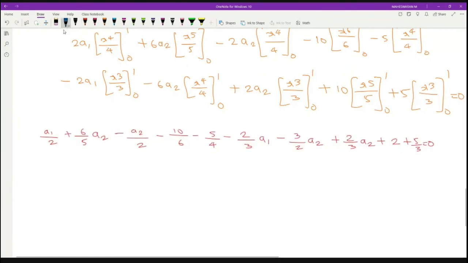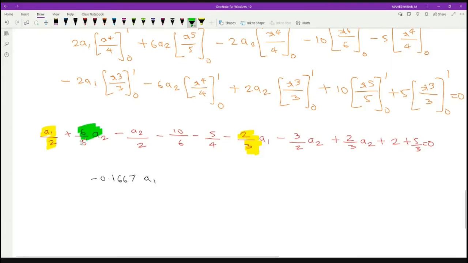So hope I think okay. Now what I can do, I can consider it accordingly. So what are the a1 terms? So this is my a1 term and this is another a1 term, only two a1 terms here. So which is 1 by 2 and minus 2 by 3. So 1 divided by 2 minus 2 divided by 3. I'm getting minus 0.1667 a1. Next a2.